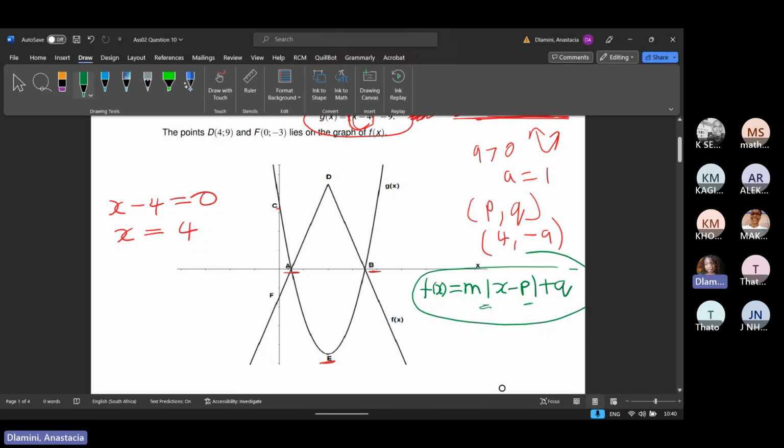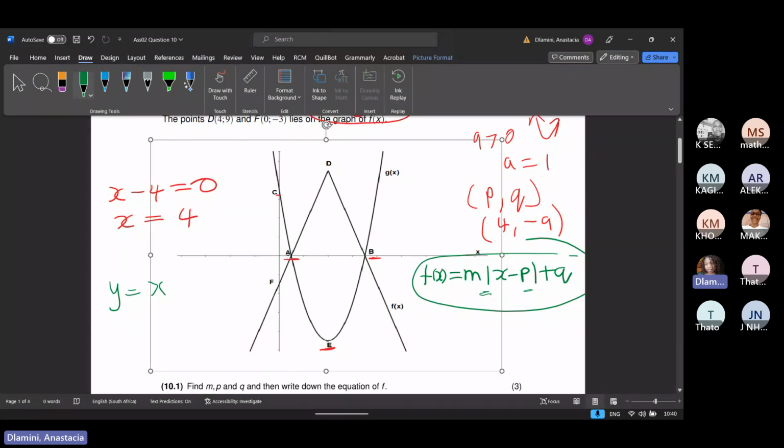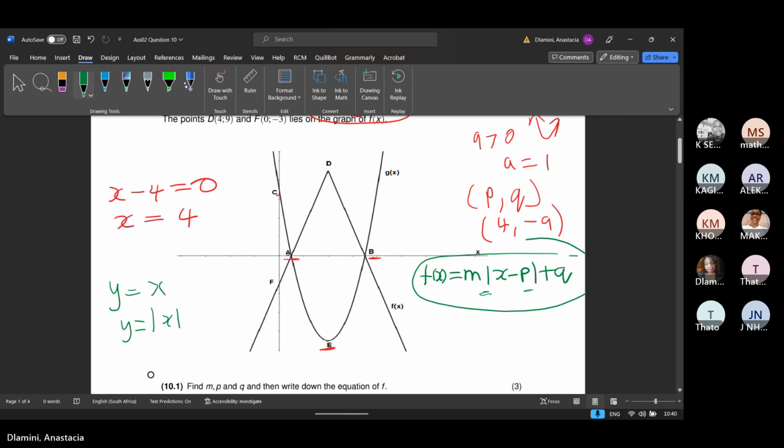If you have y equals x, that's a line graph. But as soon as you have y equals the absolute value of x, that's an absolute value function. Are we all clear there? Yes, ma'am.